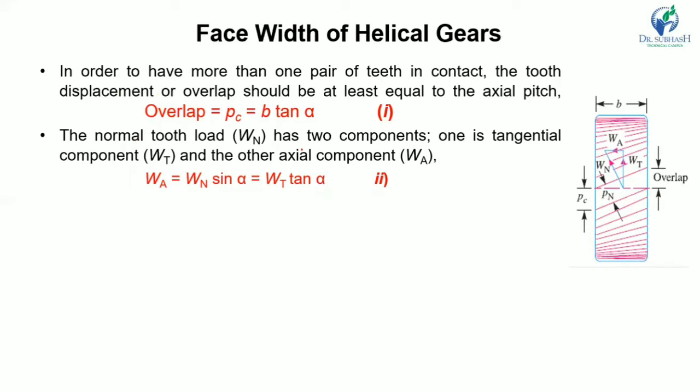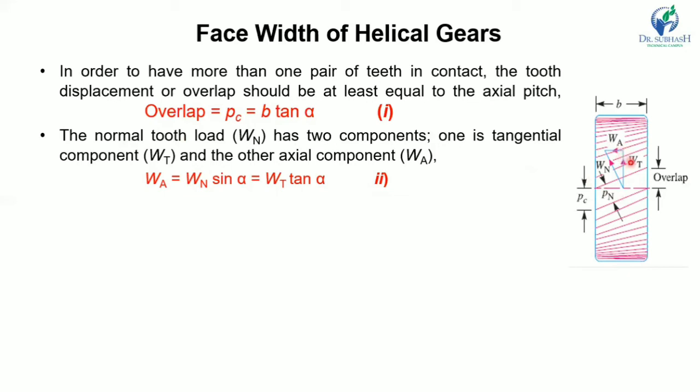The normal tooth load Wn, here you can see. Normal tooth load W, a load acting normal to the teeth, has two components: one is vertical and another is the horizontal component.